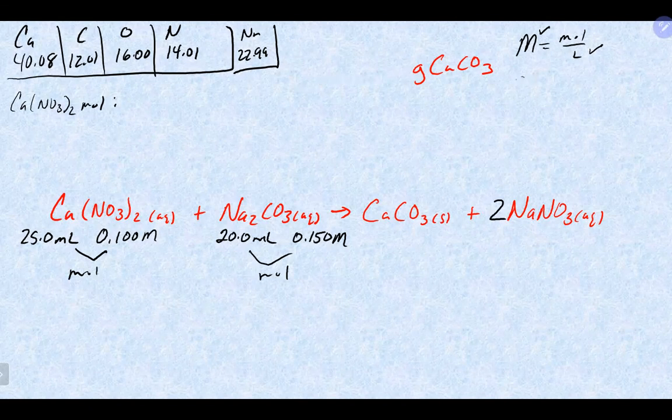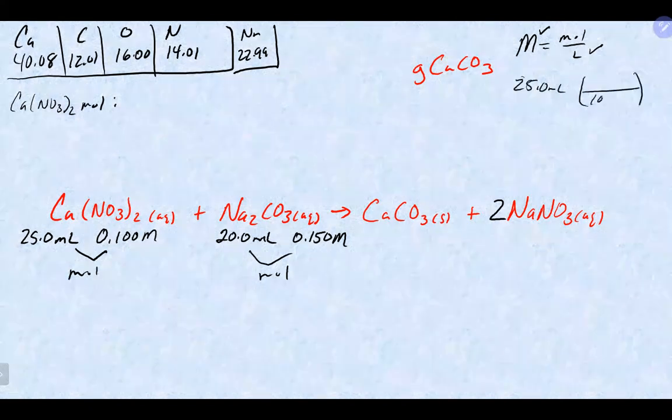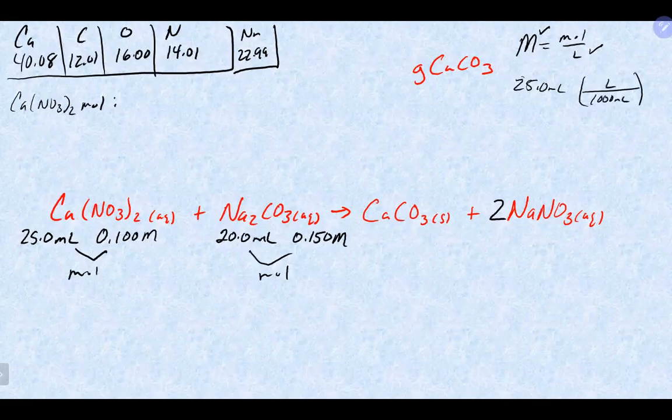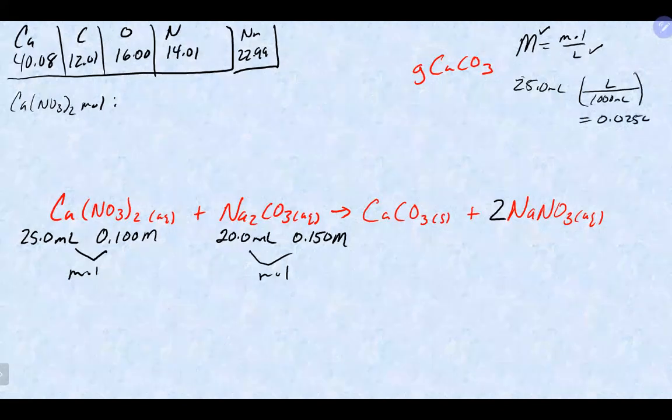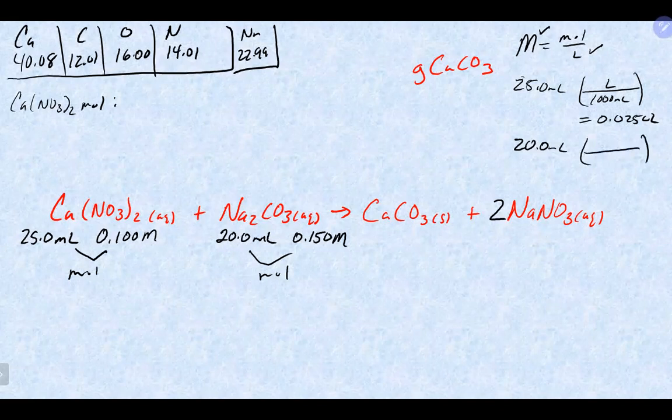That's 25 milliliters divided by 1,000 to a liter, which gives us 0.025 liters. While we're here, we'll do the other one as well: 20 milliliters, also divided by 1,000, or move the decimal place 3 places to the left, gets us 0.02 liters.